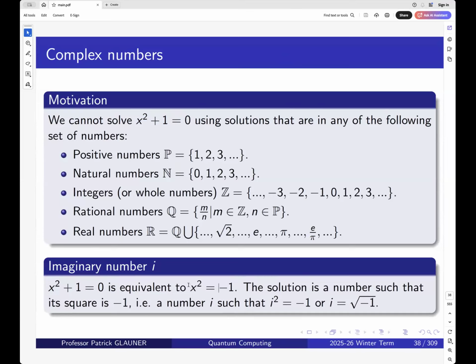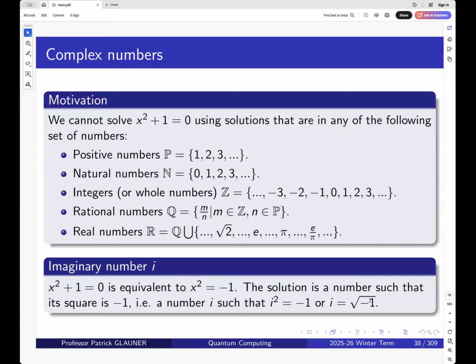And with the real numbers, we are unable to solve this because all the real numbers we can plug in here and square, the square of a real number is 0 or greater than 0, but not negative. So we actually need a different mechanism. And for this, we introduce a number i, which is the imaginary number. When we take i and square it, i squared is -1.